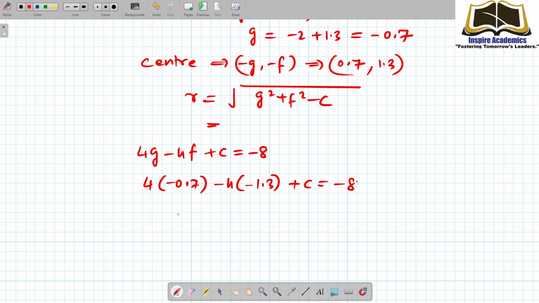So c would be negative 8, and then plus 2.8 and minus 5.2.